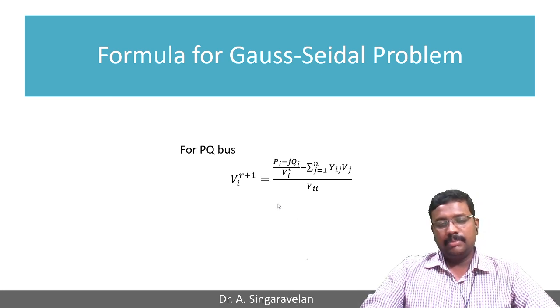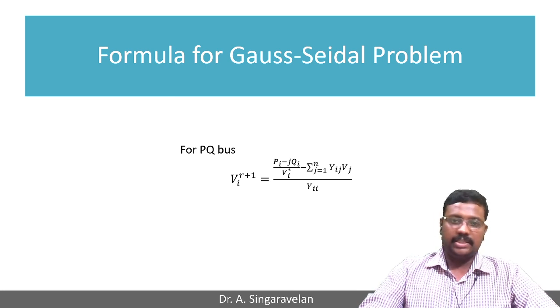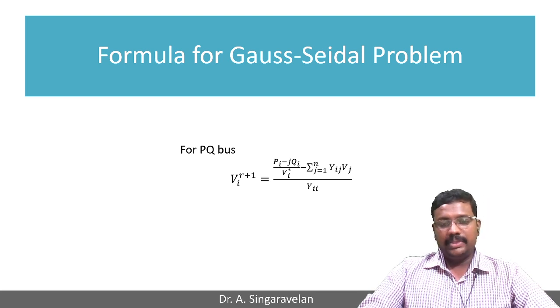The Gauss-Seidel method is an iterative method. Initially we give some assumed values for the voltages, and at later iterations we get better values as the iteration process increases. We end the iteration when the solution converges.